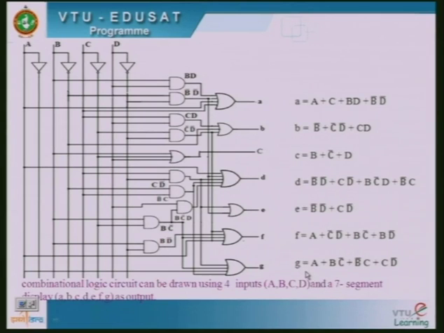G, if you want it to glow, then g = A + BC' + B'C + CD'. If you want a segment to glow, this should be the equation.